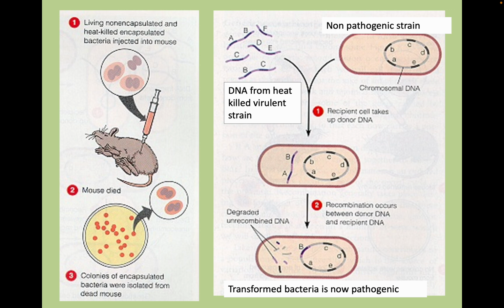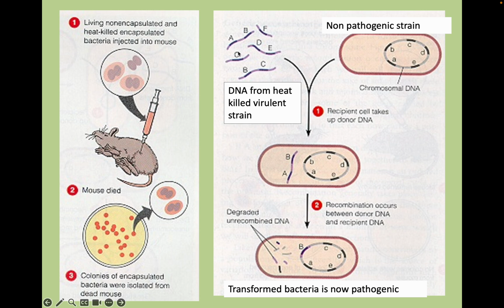Living, non-encapsulated, and heat-killed encapsulated bacteria. So neither one of those 2 things killed the mouse on their own. But he mixed the 2 non-lethal things together, injected them into the mouse, and the mouse died. When he cultured the bacteria from the dead mouse, he found colonies of encapsulated bacteria were isolated from the dead mouse. So what happened? Well, the bacteria were transformed.